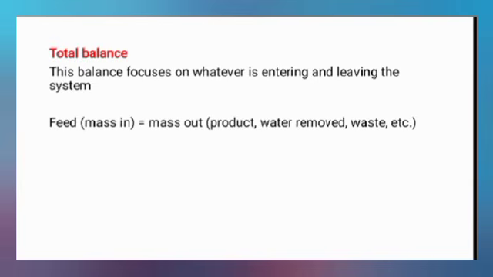The mass out here can be our product, or the amount of water removed, or our waste substance, etc. They all form the mass out. So these substances here should always be equal to our raw material. That is what total balance means. Total balance focuses on the total amount of substances entering the system, and equates it to whatever is exiting the system.